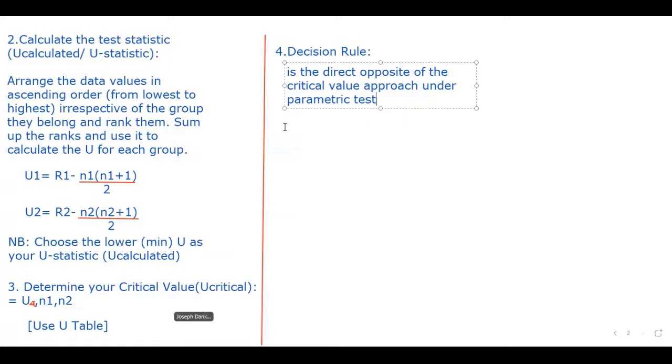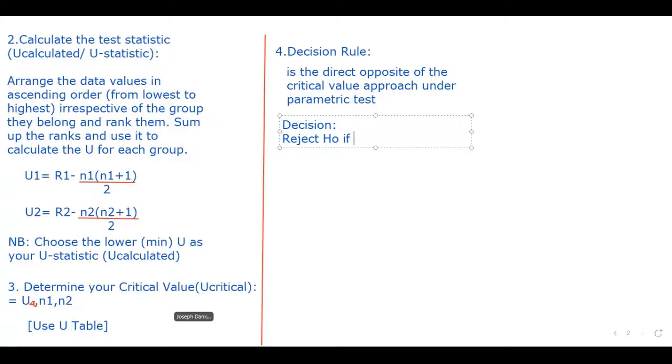So what was the rule for the critical value approach? The rule is when T calculated is greater than T critical, you reject H0. And I'm saying this one is the direct opposite.